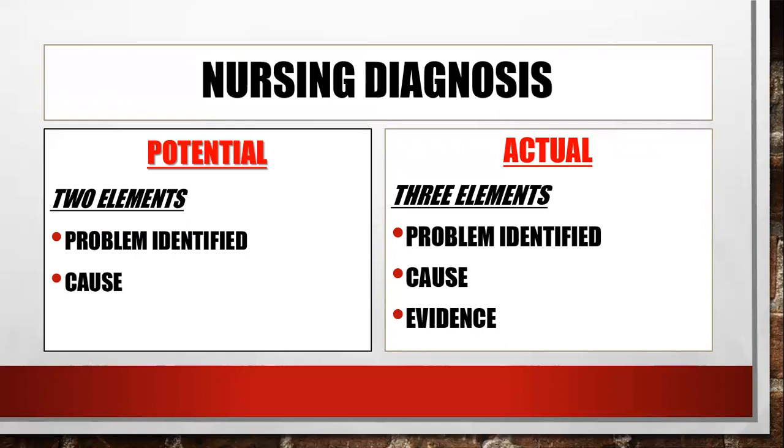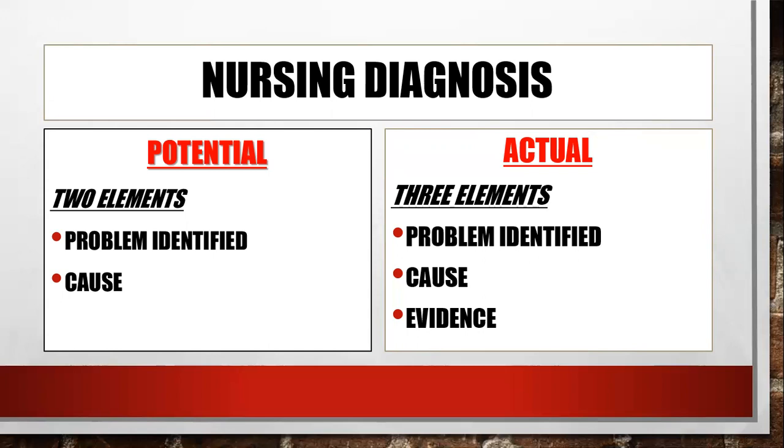So we are actually going to use the same words that were used under the column of problem identified. You do not change any word. So you just copy what you wrote under the component of problem identified, transferring it to nursing diagnosis column.